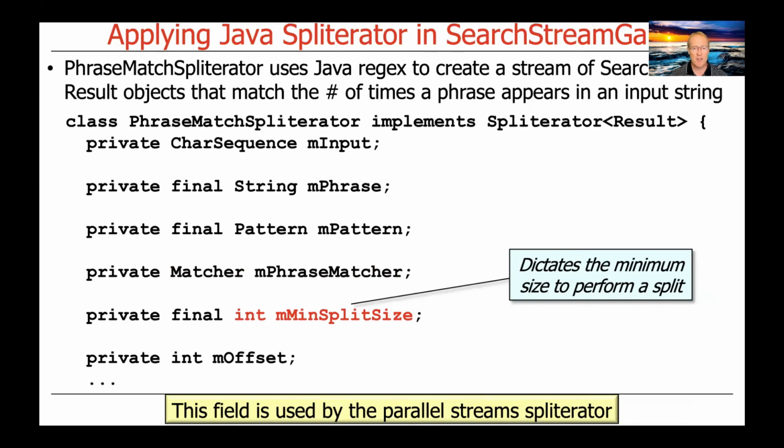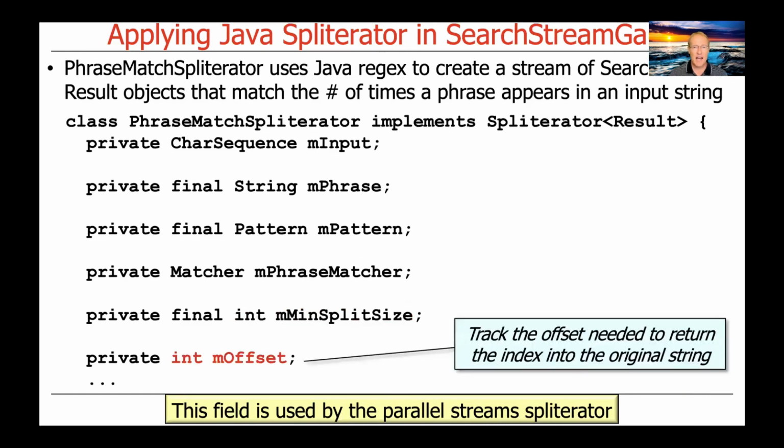And then we have a couple of other fields that are used by the parallel spliterator, one of which is called minSplitSize, which is used by the parallel spliterator to decide when the input has gotten small enough that it's not worth trying to split the input anymore. And so you just go ahead and process it sequentially at that point. And then the final field here is called mOffset.